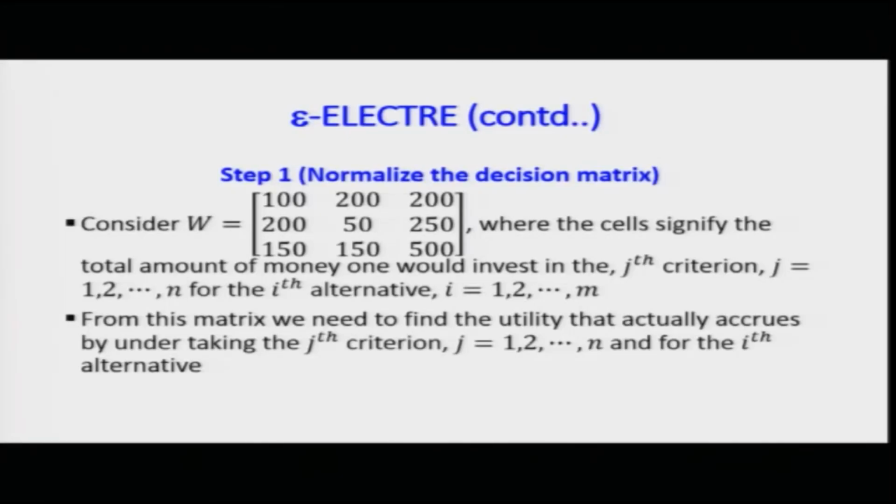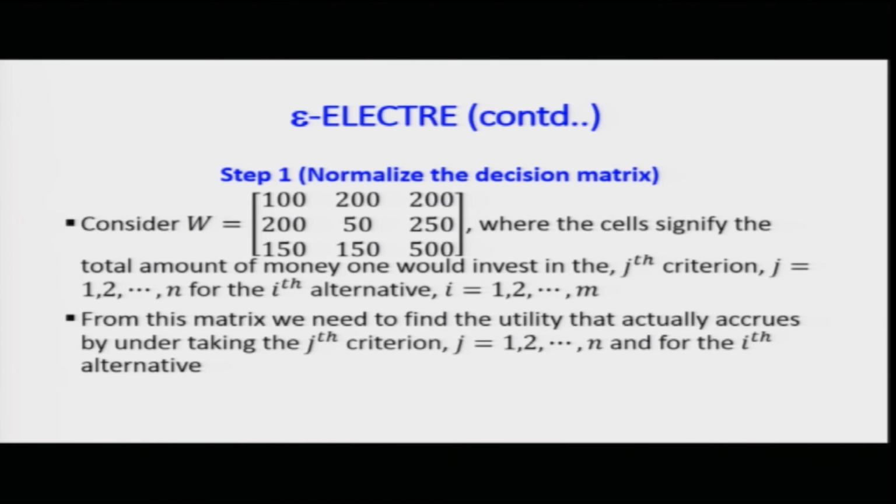So these values of the wealth which you are accruing for any particular decision are given. If I read along the rows, they are 100, 200, 200, second being 200, 50, 250, third being 150, 150, 500. These are those values only without any units, where the cells signify the total amount of money one would invest in the jth criteria based on whatever decisions you have.